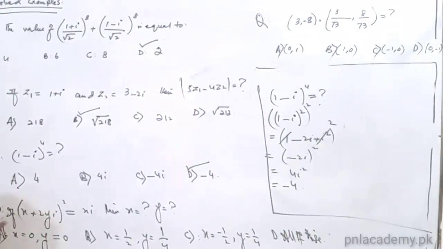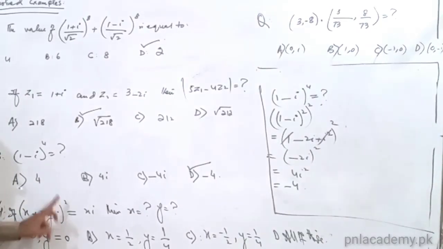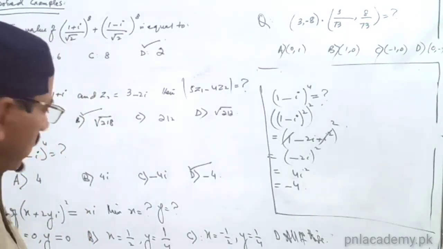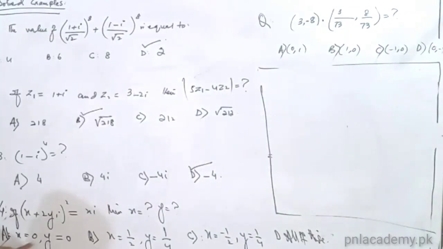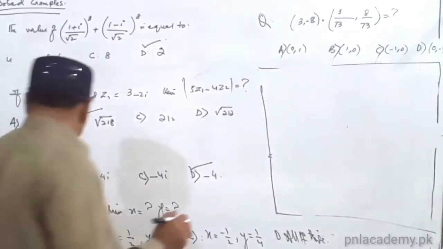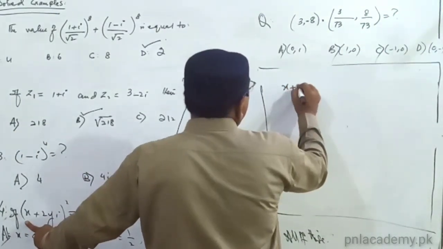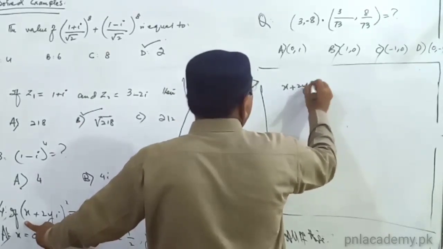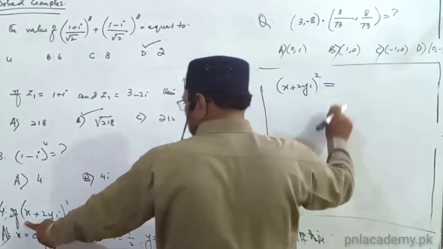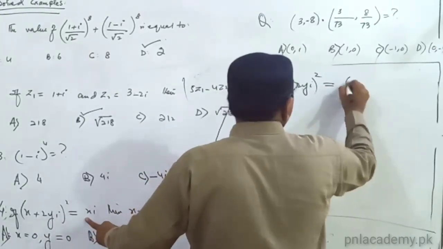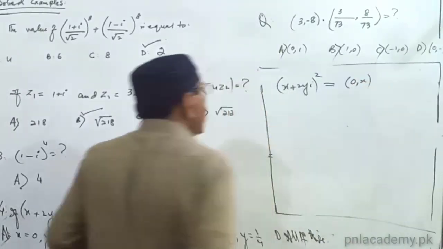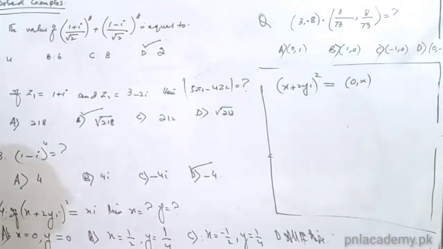Next is, if (x plus 2y iota) whole square is equal to x iota, then what should be the value of x and what should be the value of y? X is equal to 0, y is equal to 0. When we set (x plus 2y iota) whole square is equal to x iota, which means 0 comma x.